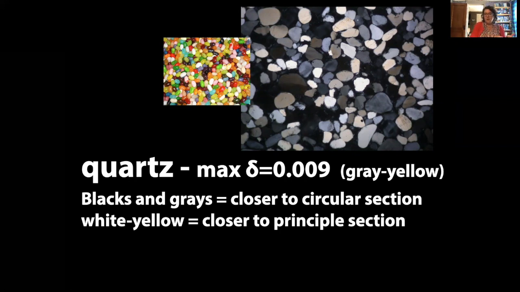And if we see something that is white or yellow, which is the maximum birefringence, then it's closer to the principal section. So that's the way that we can relate the indicatrix to the slice and then to what we see in thin section.